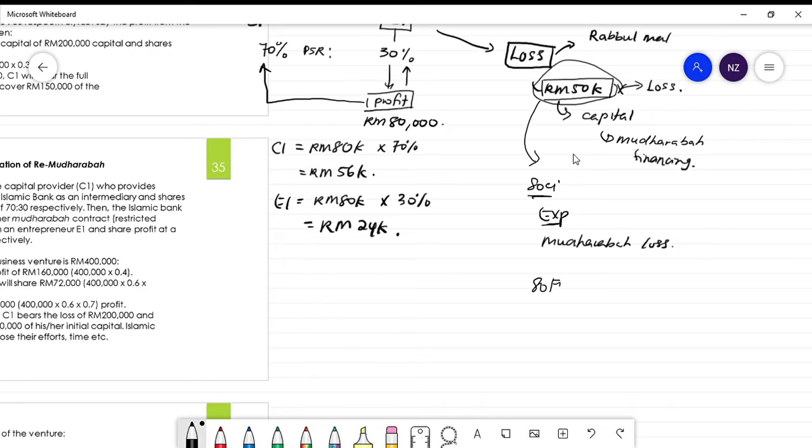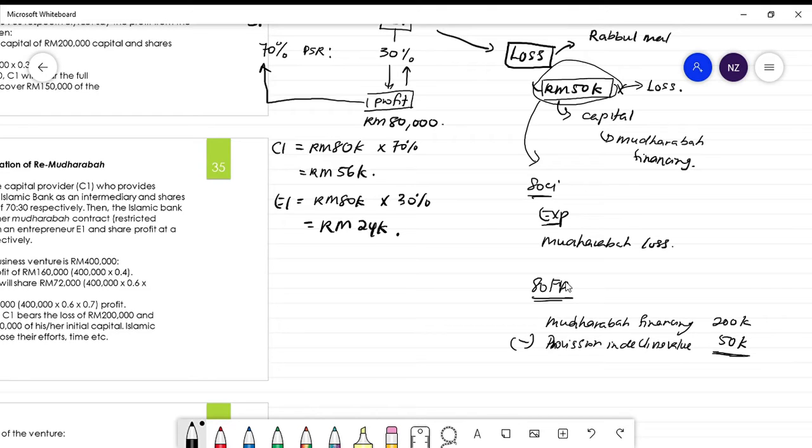And then kalau dalam SOFP tadi, awak kena record macam ni lah, maksudnya Mudharabah financing under non-current asset tadi. Let's say Mudharabah financing kita is 200k kan. So you have to minus with the provisions in decline value. So ini is kita punya losses amount. Kita tolak lah 50k loss tu.